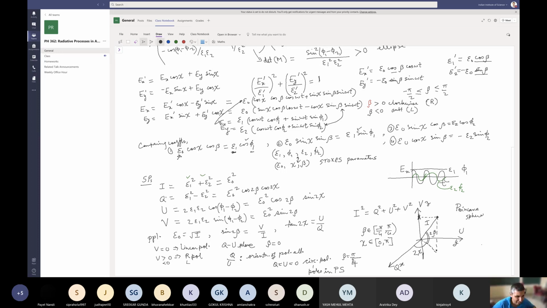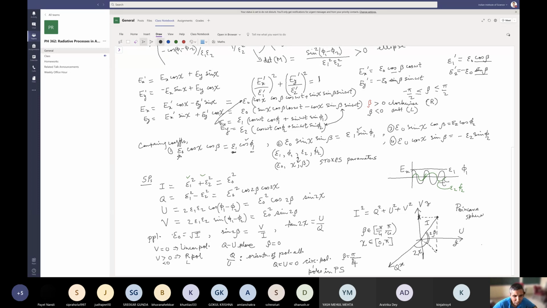You can measure all of these experimentally, easily. So once you know epsilon 1, epsilon 2, and the difference between the two phases, you get these principal parameters, epsilon naught, beta, and chi.